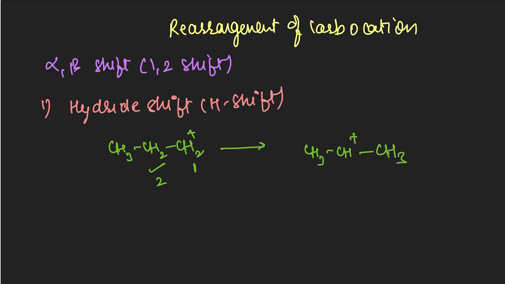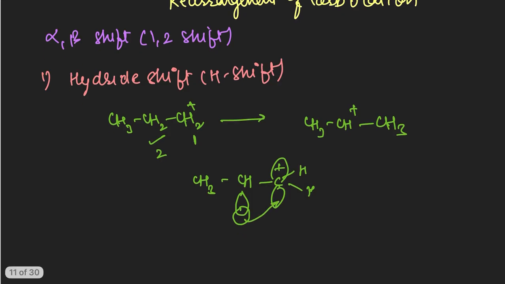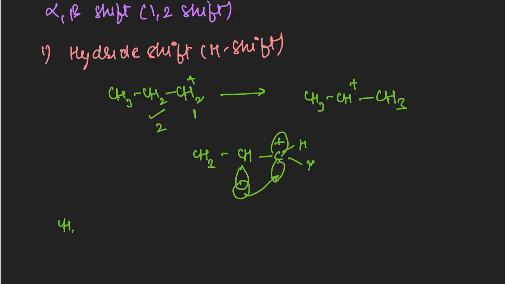Now what does it happen? CH3, we have CH, we have p lobe, sp2, sp3 lobe, and hydrogen is attached over here. Then we have the carbocation, hydrogen and empty p orbital. So how does this hydrogen shift here? This hydrogen is gonna overlap with the first carbon.